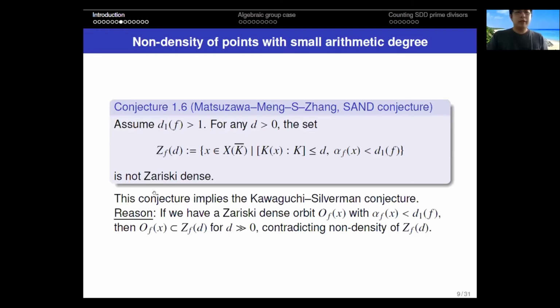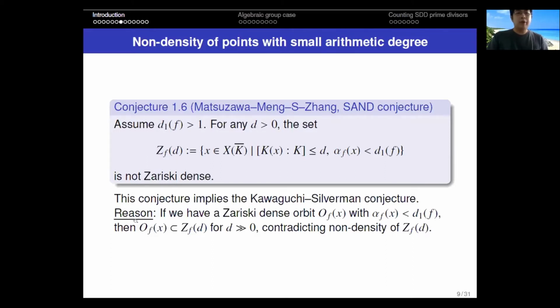We can easily see that this conjecture implies the Kawaguchi-Silverman conjecture, because if we have a Zariski dense orbit with small arithmetic degree, then in any case, any point of the given orbit has bounded extension degree.